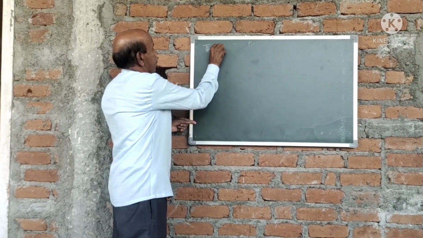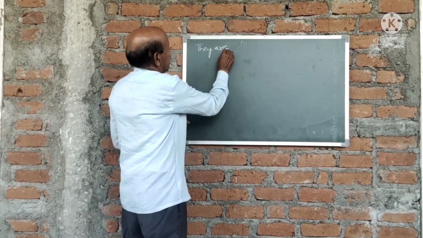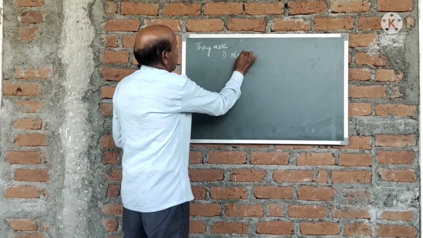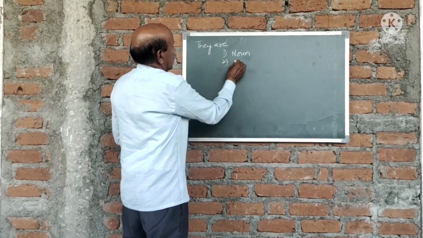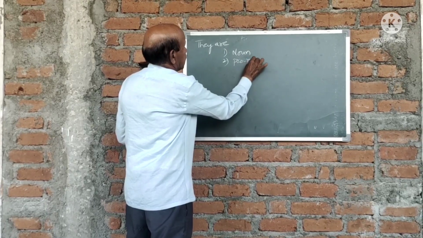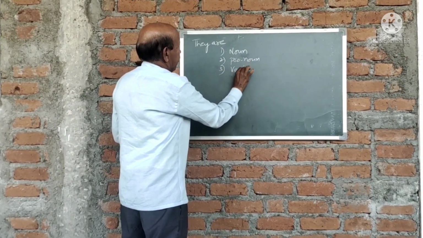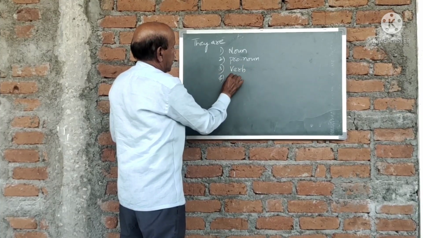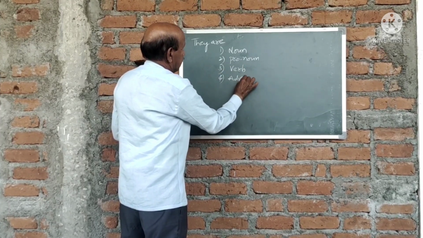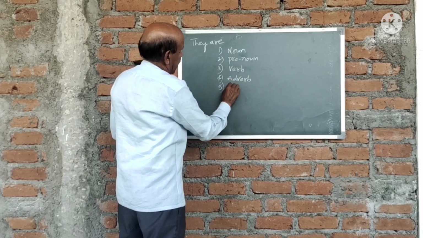They are: number 1, noun. Number 2, pronoun. Number 3, verb. Number 4, adverb. Number 5, adjective.